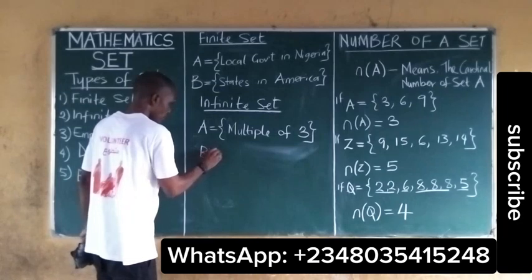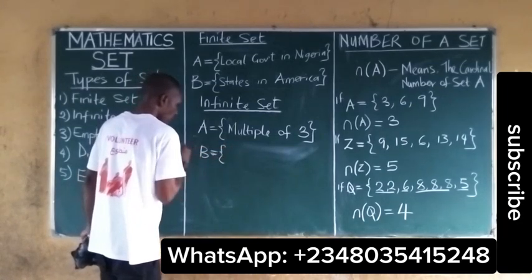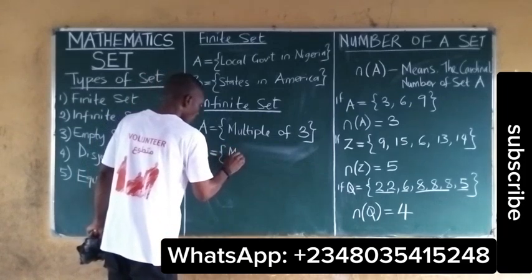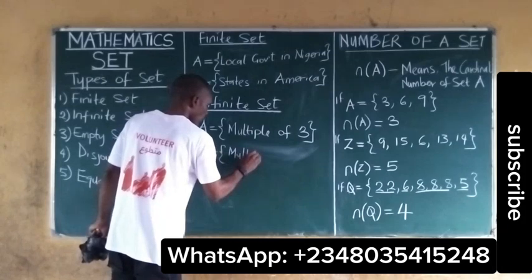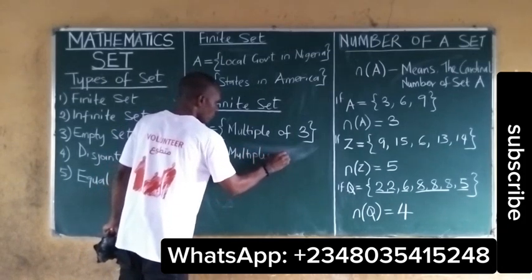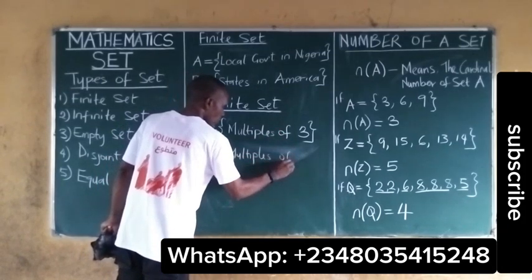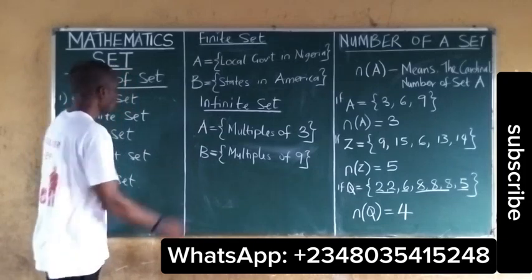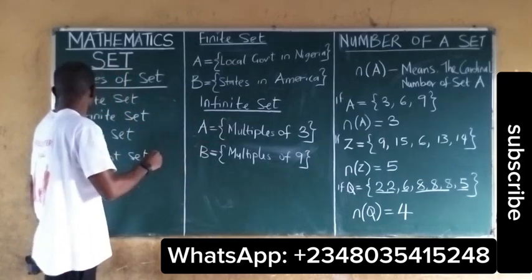B, multiples of 9, they can also not be counted. So we cannot count such sets.